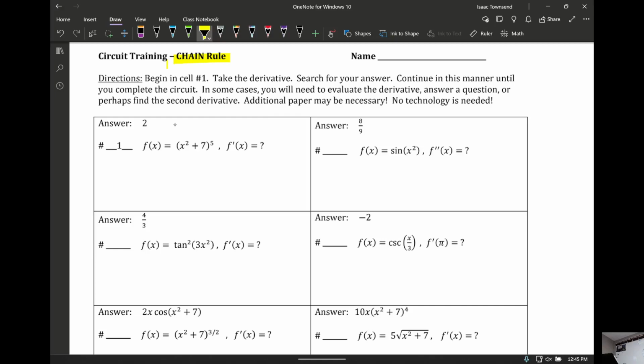This is chain rule. You got a function plugged into another function. So, chain rule written this way, the way we did in your notes, is the derivative of the outside with the inside plugged in times the derivative of the inside. And you want to know what happens at -1.